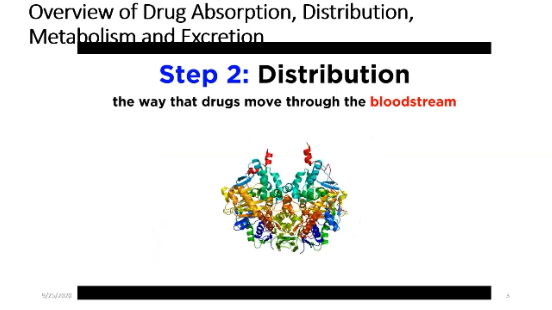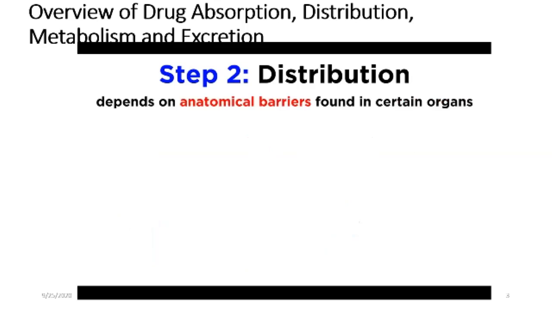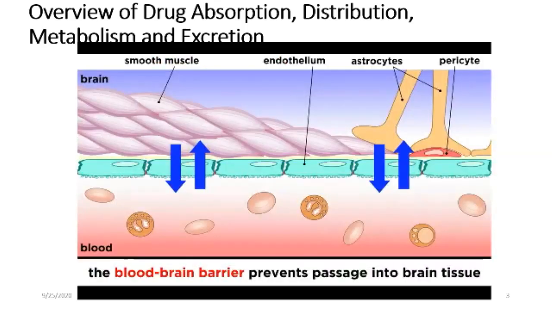Beyond these blood elements, there are other factors that may hinder the movement of a drug. There are anatomical barriers found in certain organs. We have already discussed the blood-brain barrier in the biopsychology series. This prevents certain substances from passing out of the bloodstream into brain tissue.